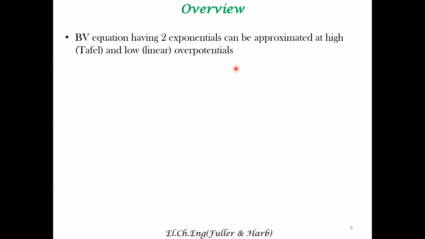And there is another approximation which is used when the absolute magnitude of surface overpotential is of the order of 10 millivolts. That's called the linear approximation. Okay, so using these two approximations, a simpler form of the Butler-Volmer equation is obtained, and that is useful for getting alpha A and alpha C.